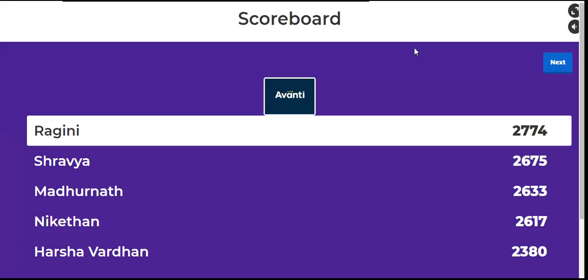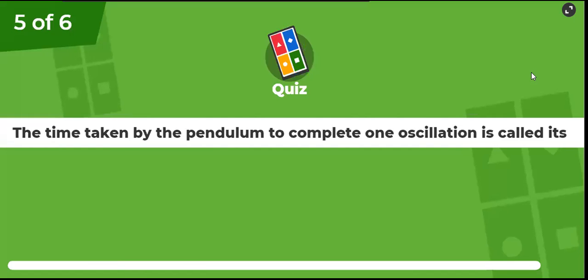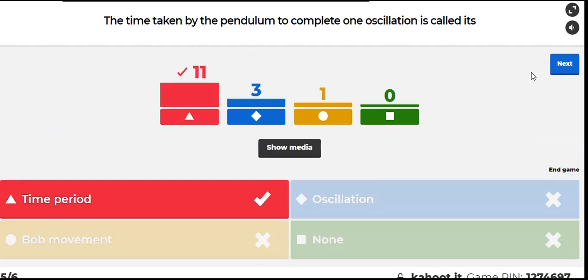So those who have said periodic and oscillatory, both are correct, so don't worry. The time taken by a pendulum to complete one oscillation is called, tell me. Yes, very good. The answer is time period. Very good.